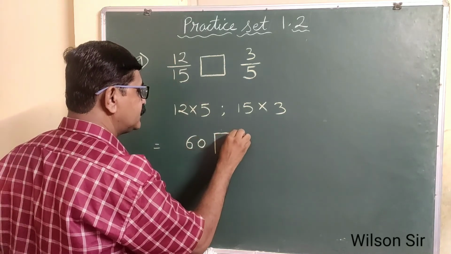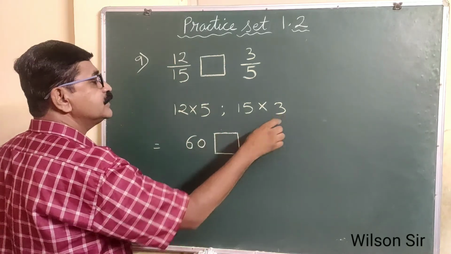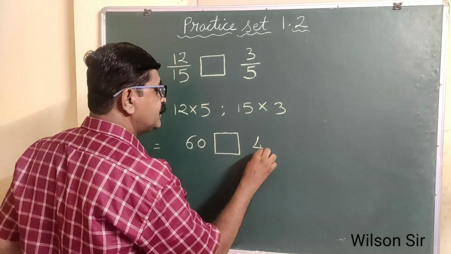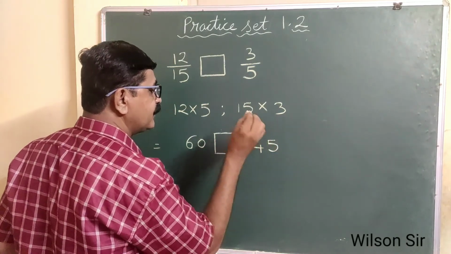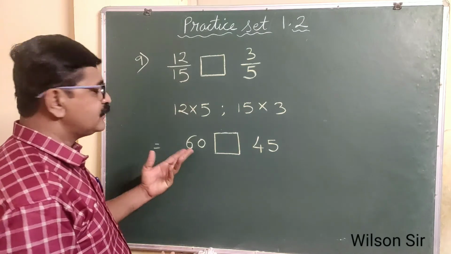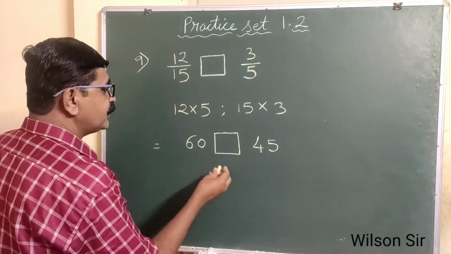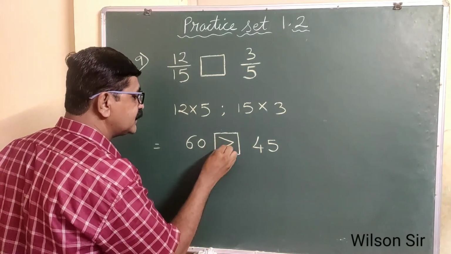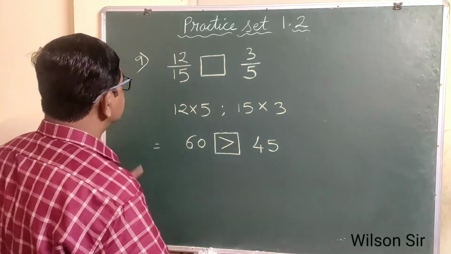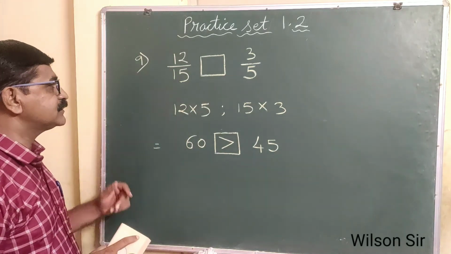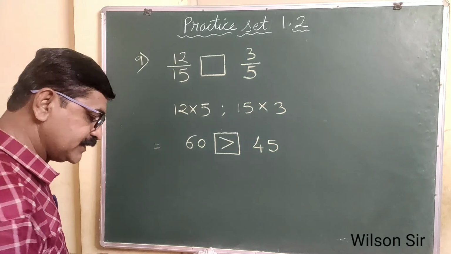Now you can compare the numbers. 15 3s are 45. So easily you can tell that 60 is greater than 45. So we will put the greater than sign towards 60. So this is the 9th sum. You can take the screenshot. The 10th sum we will see.